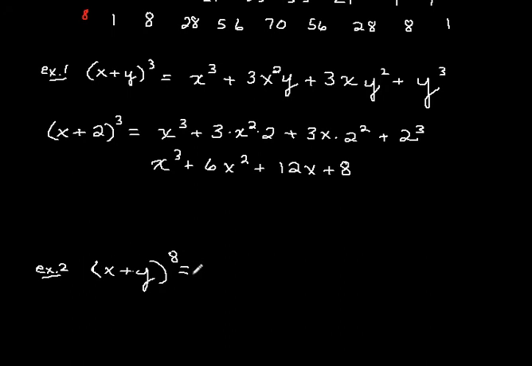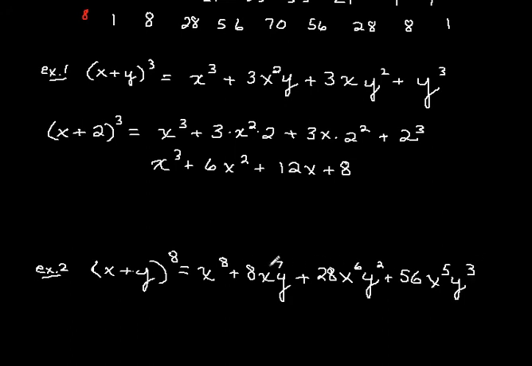So this is going to be the 8th power, x to the 8th, plus, we're going to use this number, 8. The x is going to decrease, so it's going to be x to the 7th, introduce the y, plus 28, decrease the x's, so it's x to the 6th, y squared, plus 56, x to the 5th, y to the 3rd.